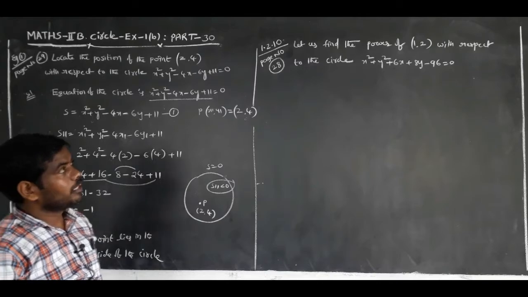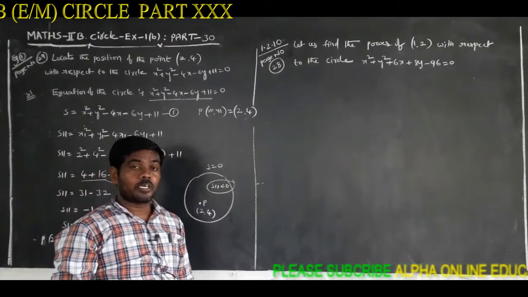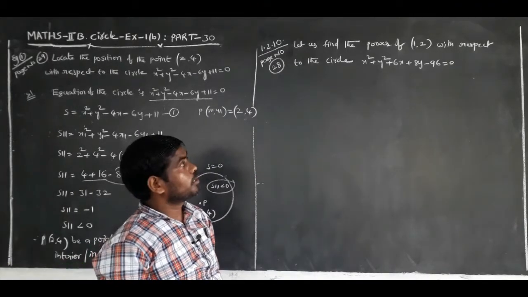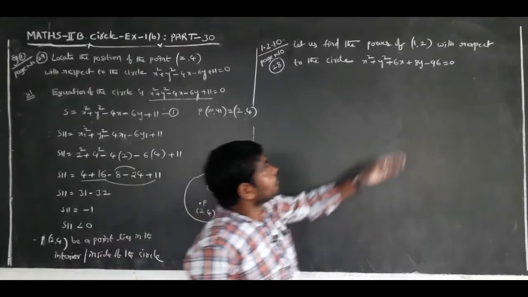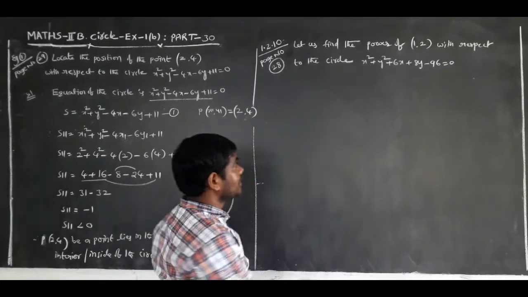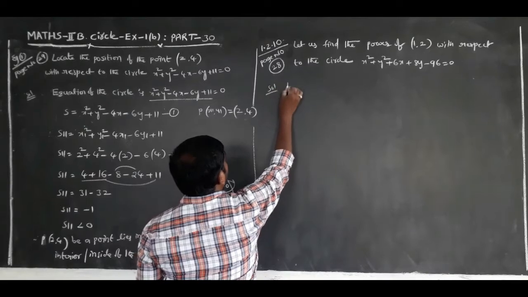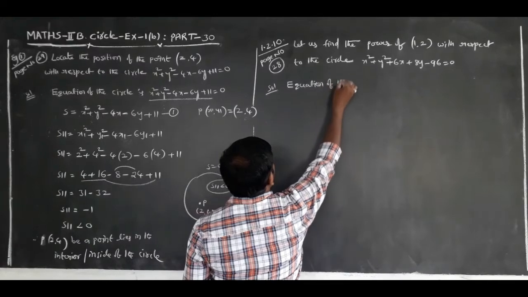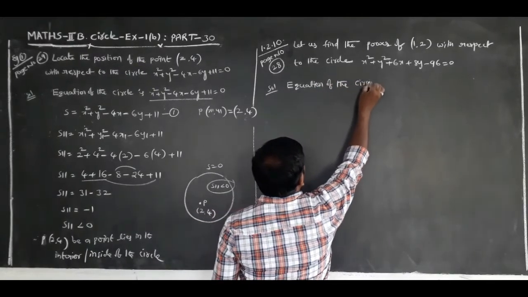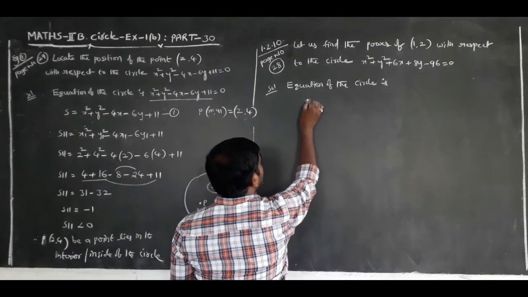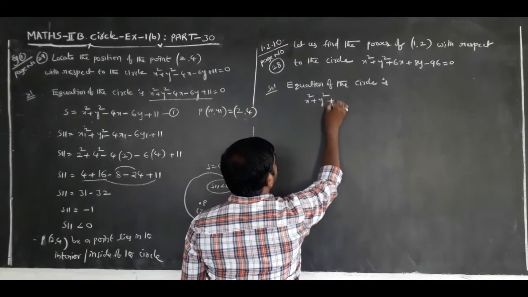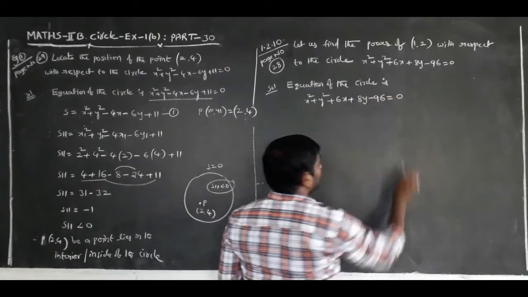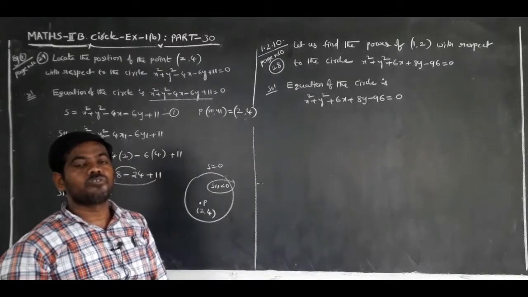Here let us find the power of the point (1, 2) with respect to the circle x² + y² + 6x + 8y − 96 = 0.